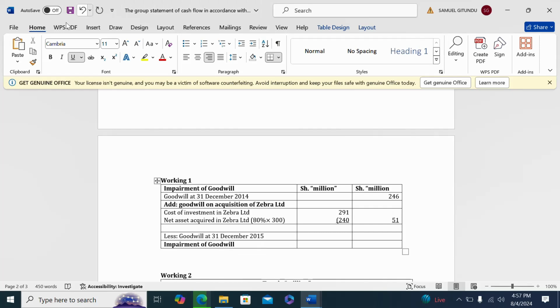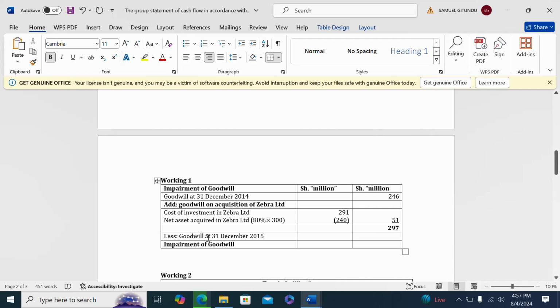So 246 plus 51 gives the total goodwill at 1st January 2015. I'm getting 297 as the total goodwill.